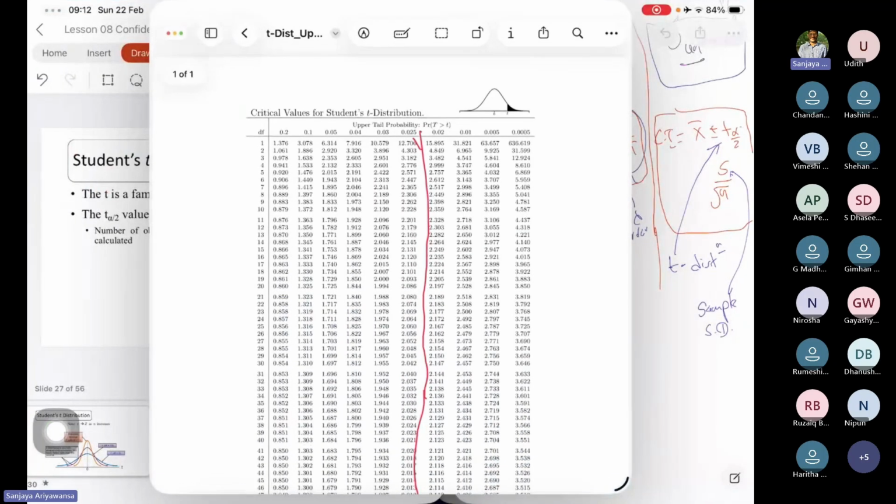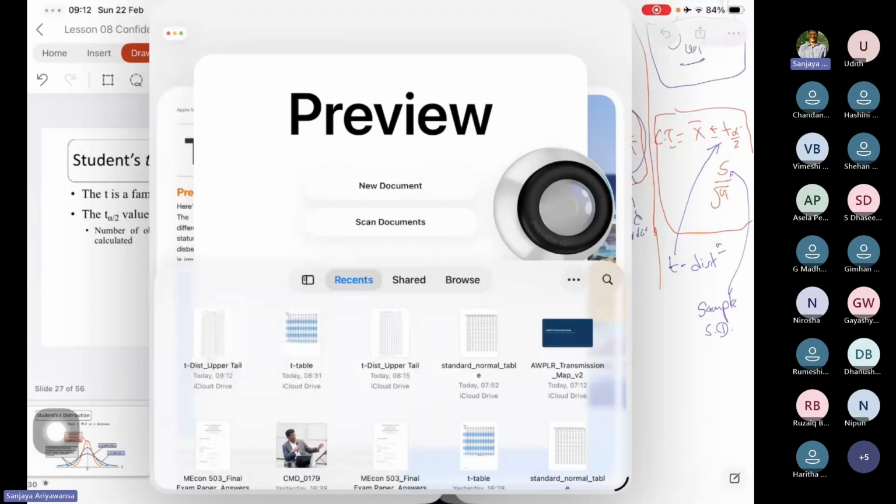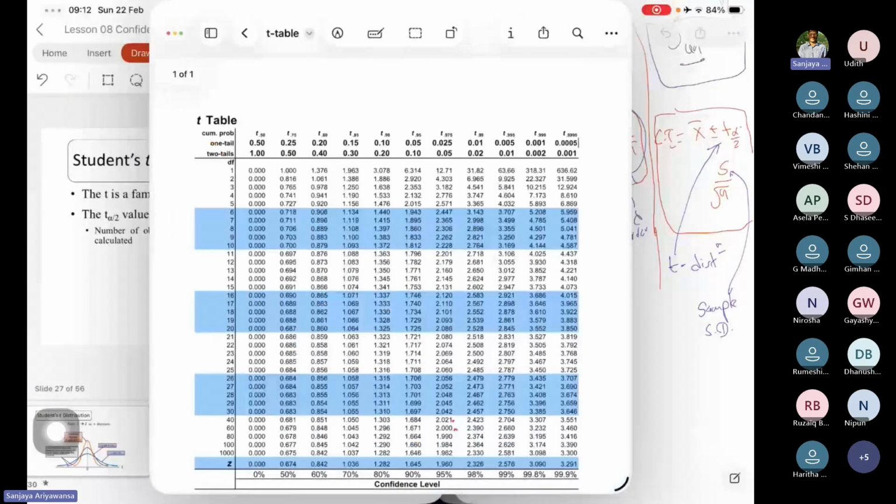You have the t table like this. Here you have the degrees of freedom going up to 1,000, and then it approximates to z, because we talked about it: when the sample sizes are very large, the t distribution approximates to z. On your rows, you have the alpha values.